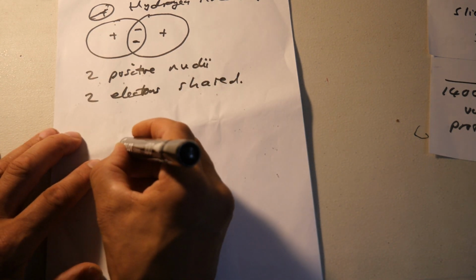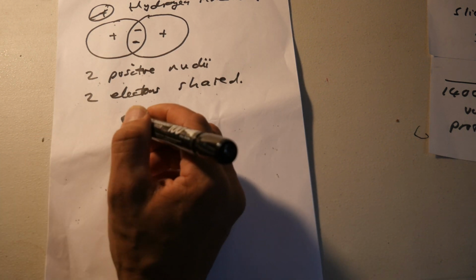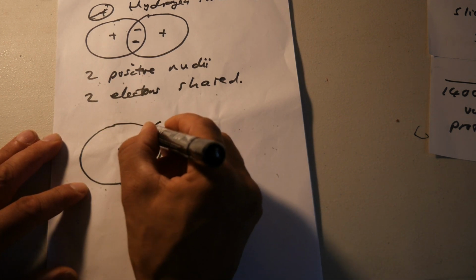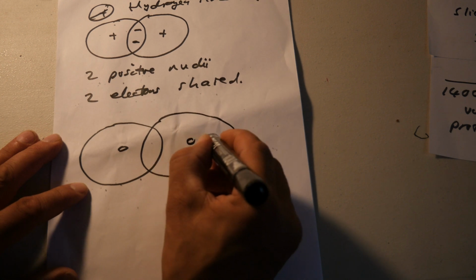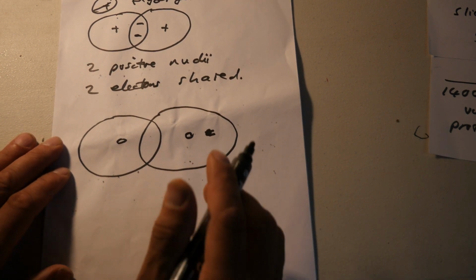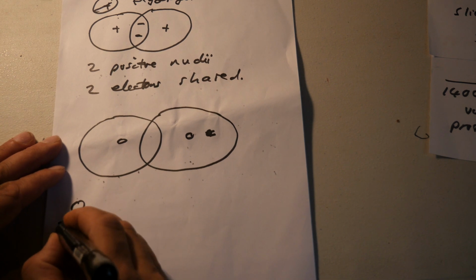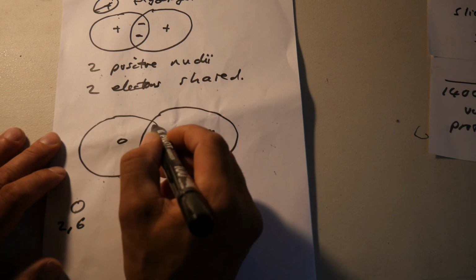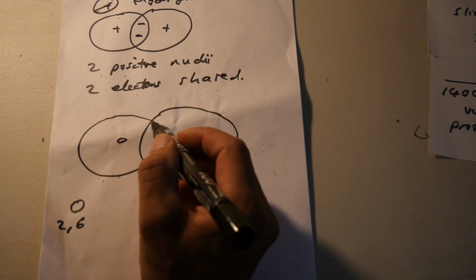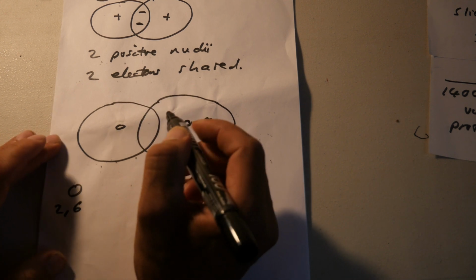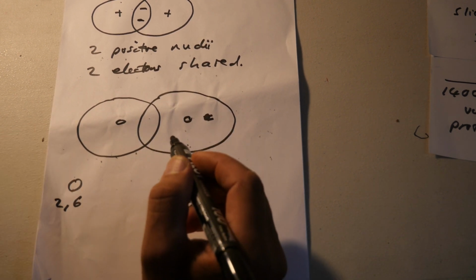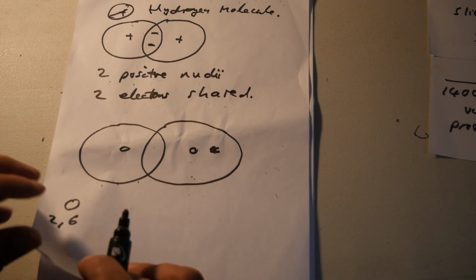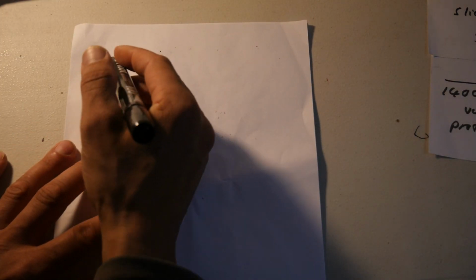So with oxygen, you have, that should be more in the middle. Okay, so you have oxygen, we said it was 2, 6, didn't we? They share each. This is actually a different kind, a double bond. Maybe I should start with fluorine because it's single bonded.